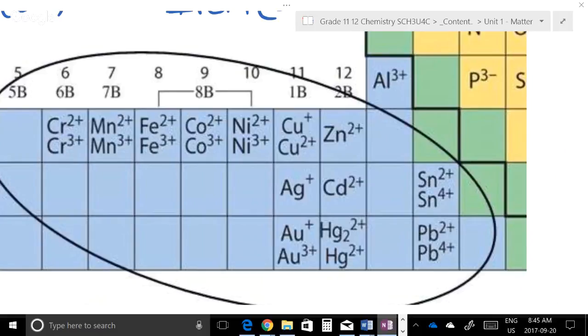I will remember till the day I die that copper takes a charge of 1 or 2. I will remember forever that iron can be 2 or 3. Off the top of my head, I have no idea what gold does, and I have no idea what mercury does. I have to look at the chart. Does that make sense? Some of them you remember because you use them a lot. Others we do not memorize.